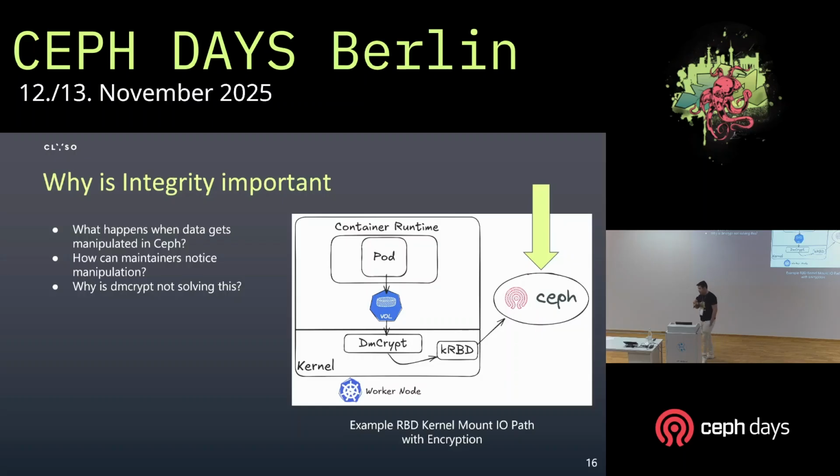I read a paper from NIST, and on this capability alone they say that for highly secure systems, some sort of cryptographic integrity measure is probably a good idea.